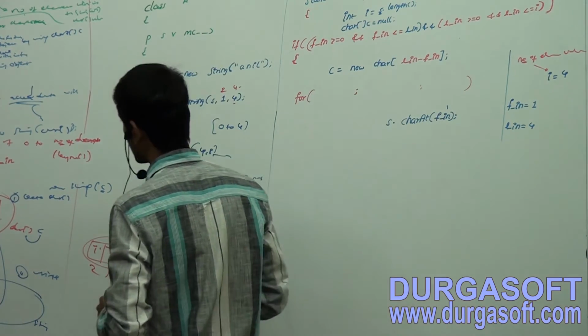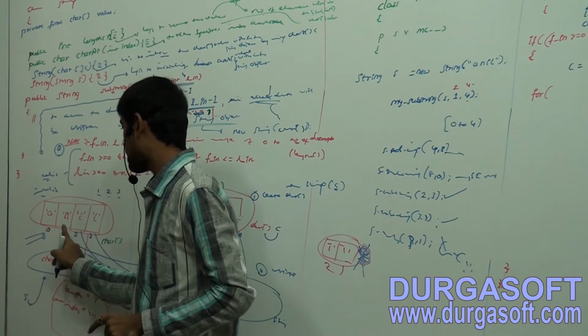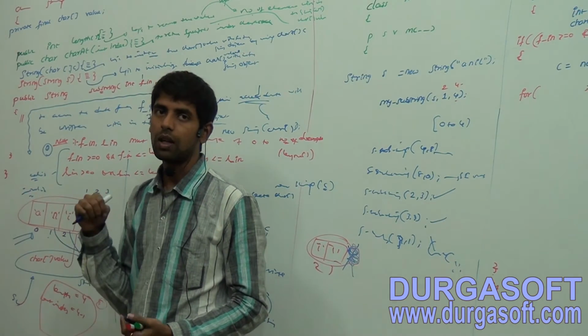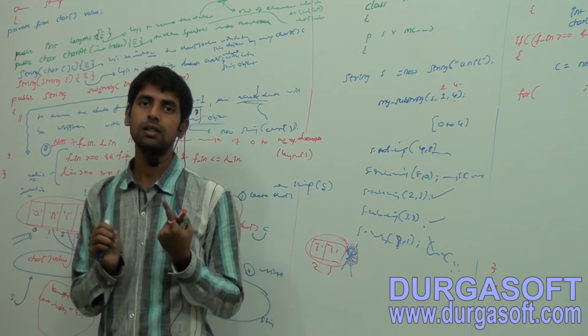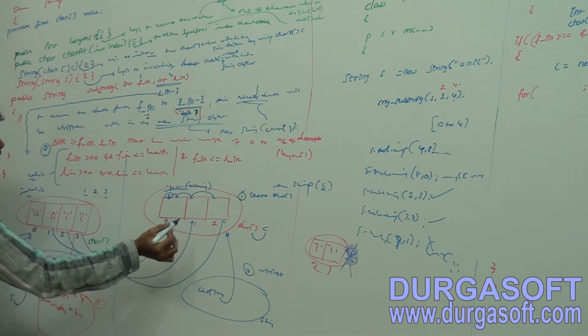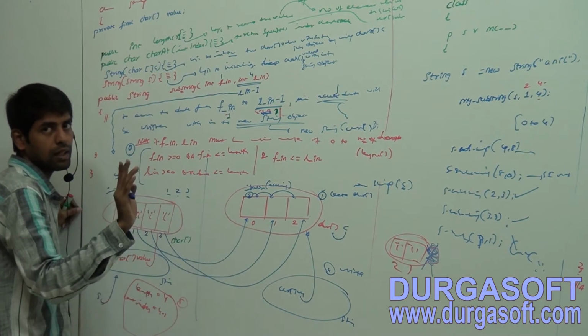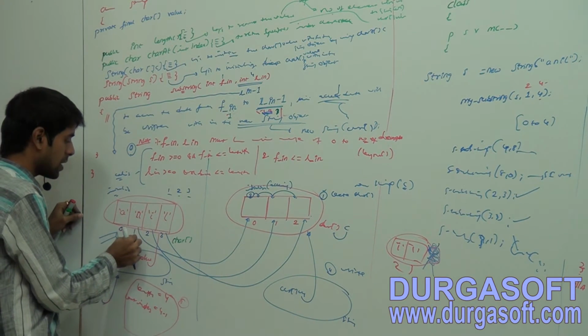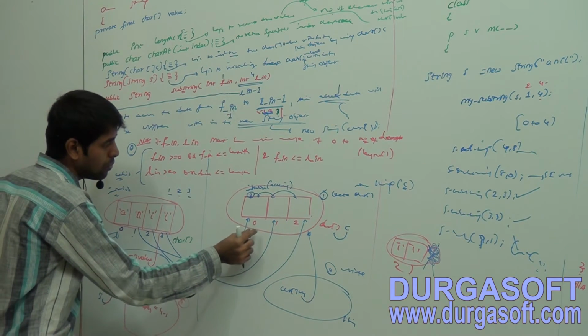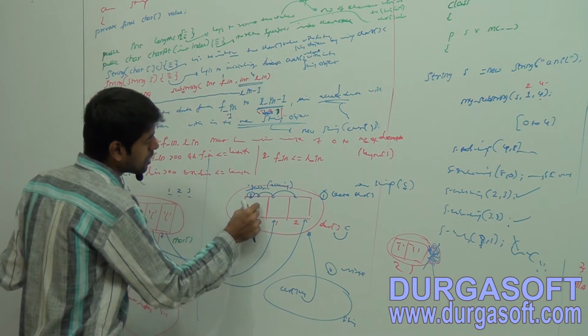What is the first index? 1. What is the character available at the first index within this string object? Please give that to me. I have some work with that. What is that work? Copy that into the newly created char array's 0th index. Copy this first index character into the newly created char array's 0th index.